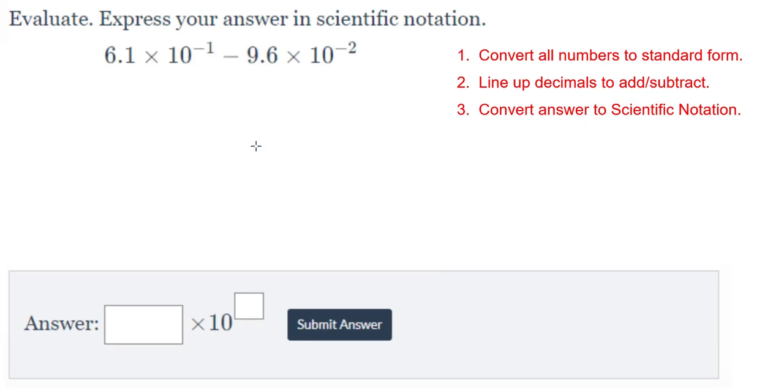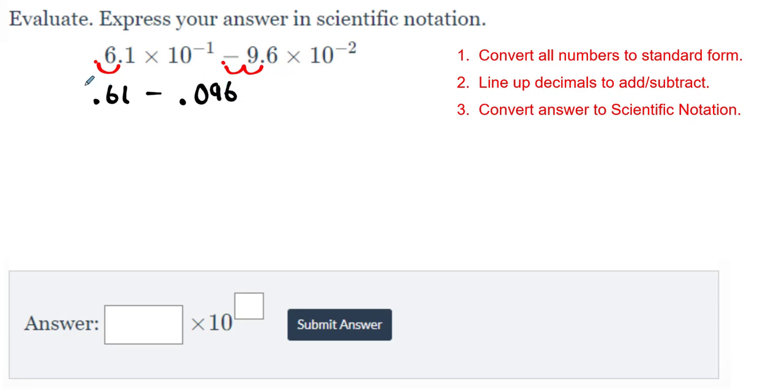All right. So for our second example, they're both in scientific. So we're going to have to change both of these to standard. But the 3 steps still remain the same as we've been doing for a couple days now. So first things first, I'm going to move this one decimal to the left because that's a -1. And over here, because it's a -2, I'm going to move it 2 to the left. So this is going to be decimal 61, subtract decimal 096, like that.